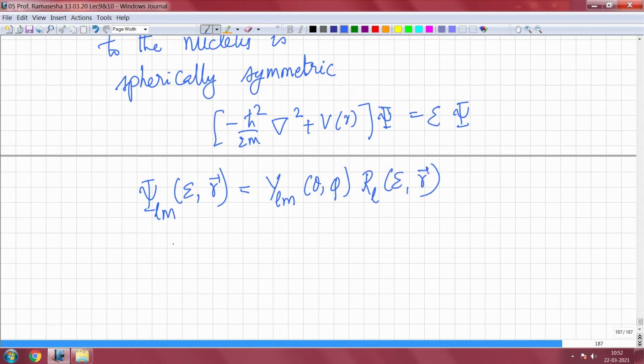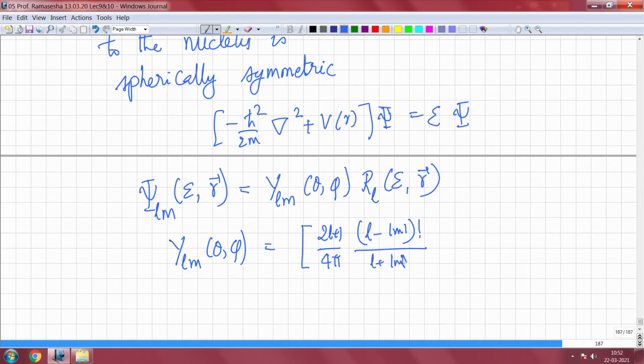Of course, we all know that Y Lm theta phi are the spherical harmonics, and these are given by square root of 2L plus 1 by 4 pi, L minus modulus m factorial divided by L plus modulus m factorial, raised to the power half, times P Lm cos theta, e to the power i m phi.